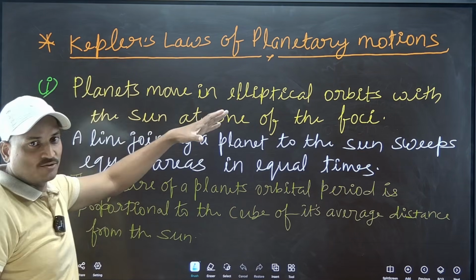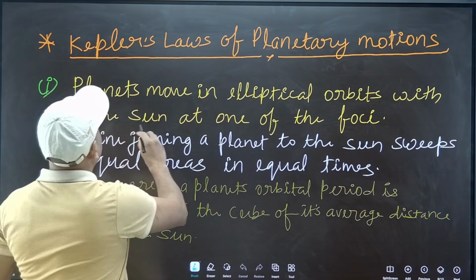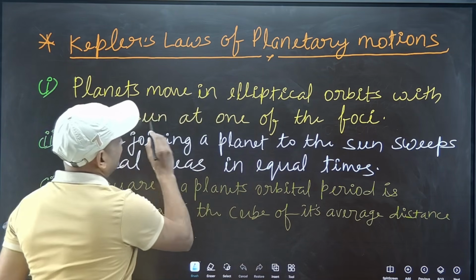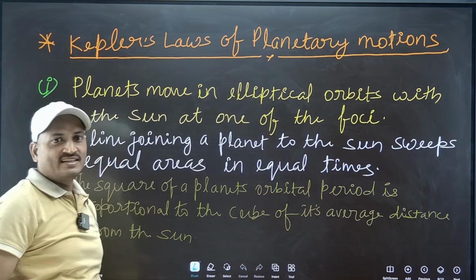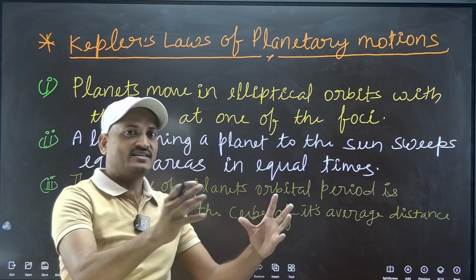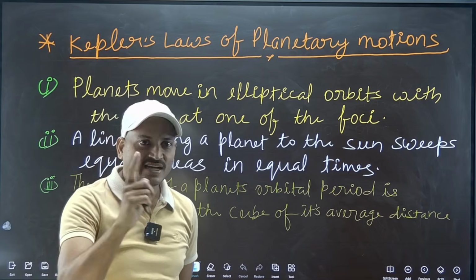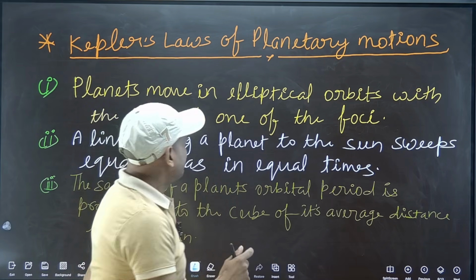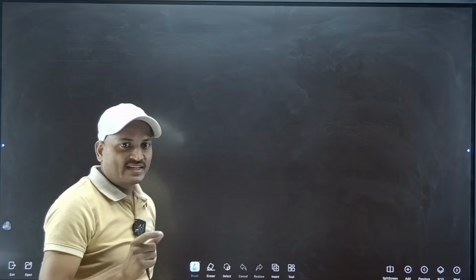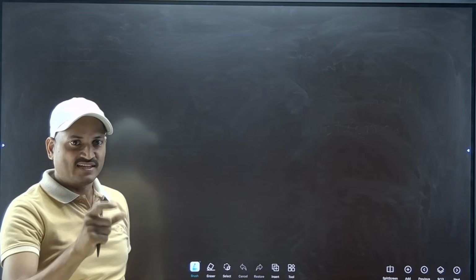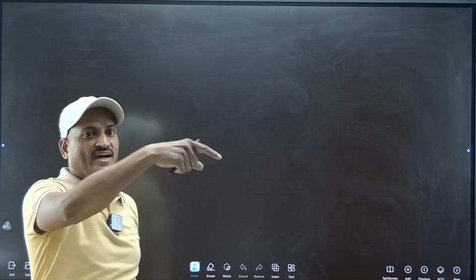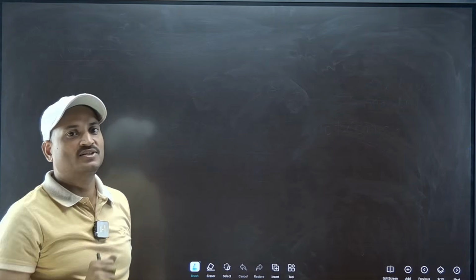The first law he told: the planets move in elliptical orbits with the Sun at one of the foci. He said that the planets revolving around the Sun move in an elliptical orbit, the Sun is situated at one focus of that elliptical orbit, and the Earth and all the other planets revolve around the Sun on the orbit.